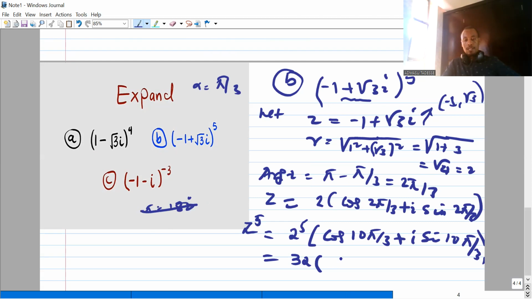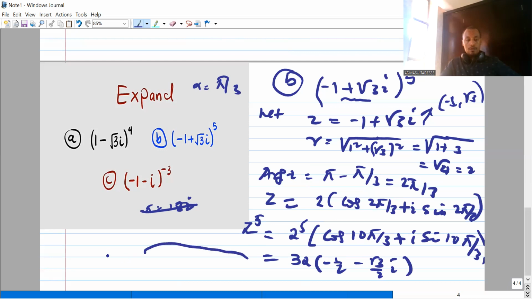It is a third quadrant angle, and the reference angle is pi over 3 in the third quadrant. Therefore cos of pi over 3 is as usual minus 1 over 2, minus root 3 over 2 i.